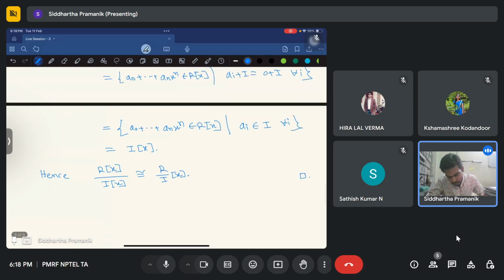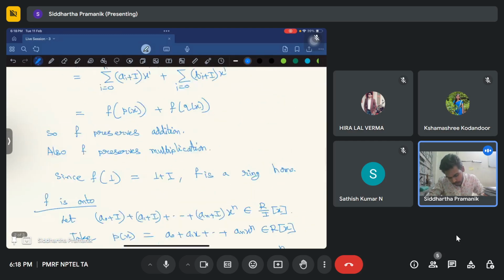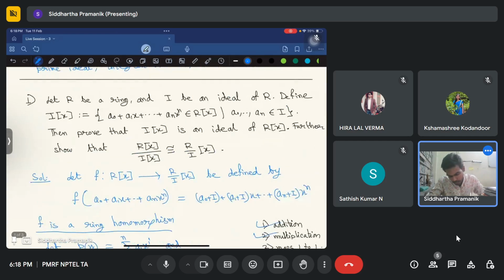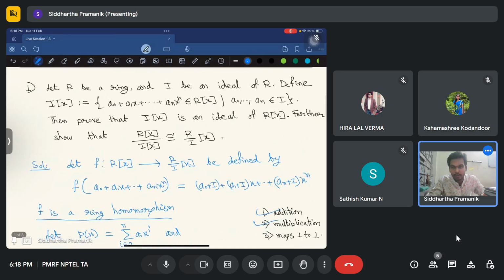So we have proved both of the conclusions of the first problem. So is it okay, or do you have any doubt in this?